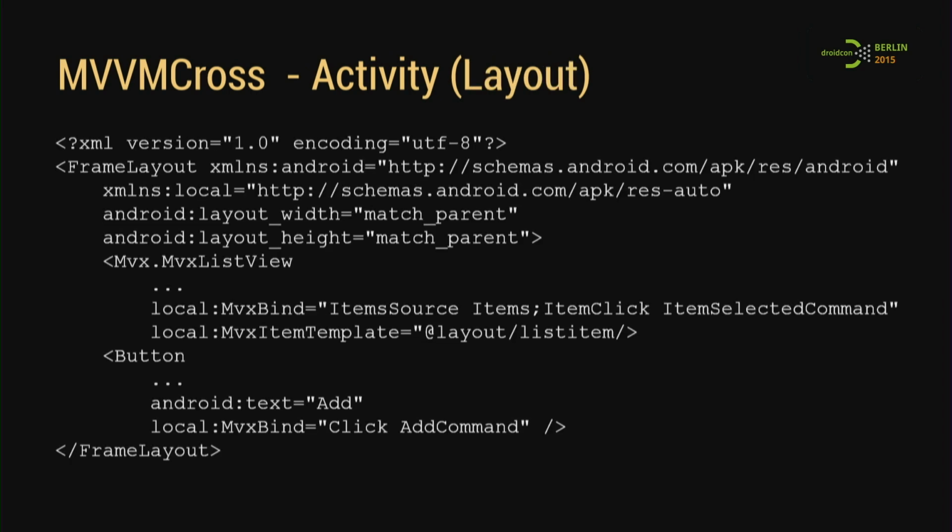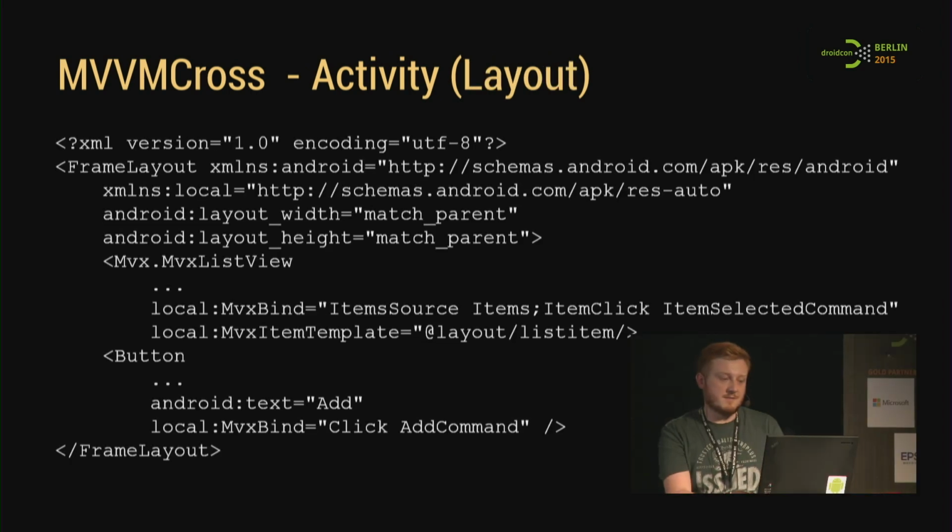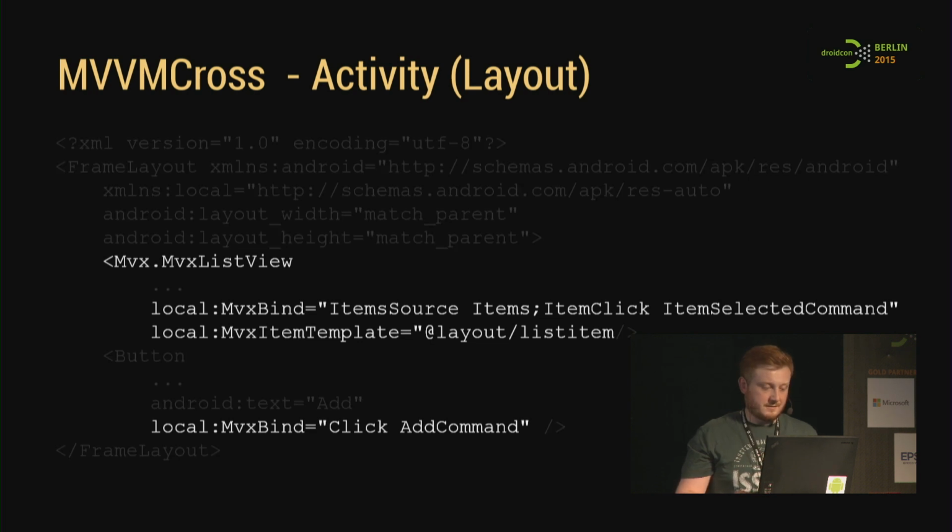So let's look at our XML file with the layout. It looks like a mostly normal layout for Android, besides two small differences. We are using a list control, which comes with MVVMCross. We have some custom attributes when we are specifying our binding.